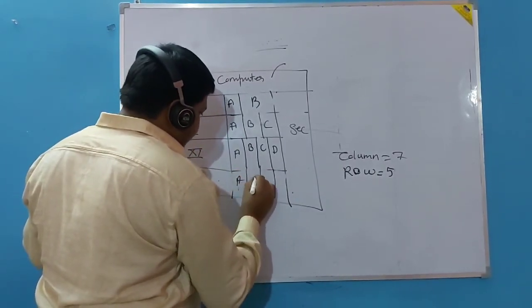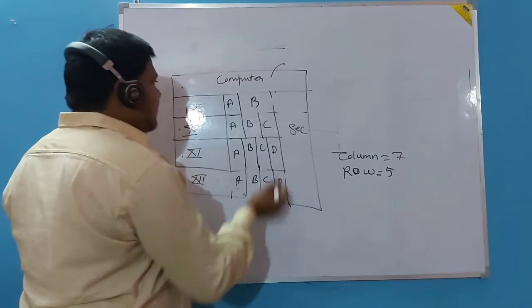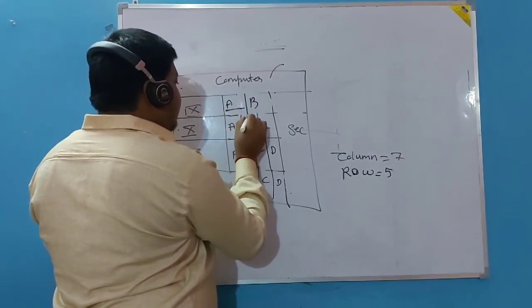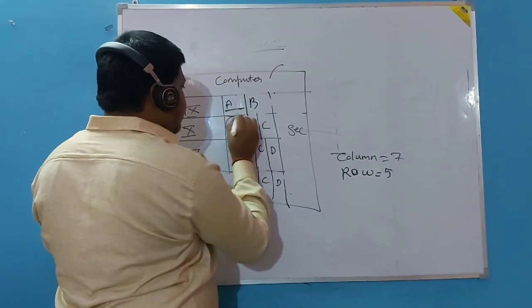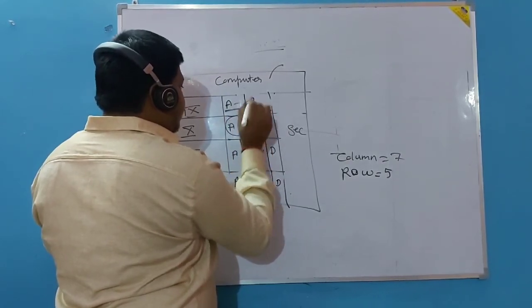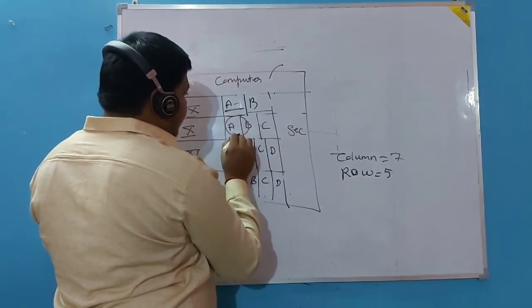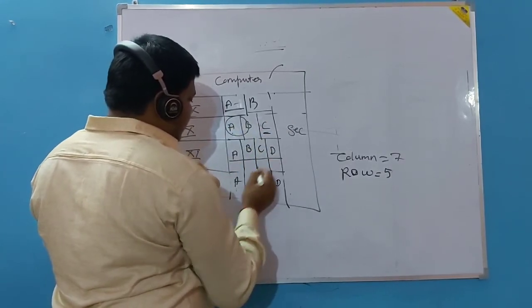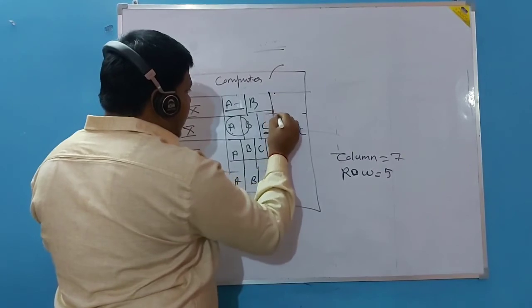A, B, C, D. So that means it is a combination of these two cells. Here also 2 are merged. Here also how many merged? 1, 2, and here 2 are merged. Here 4 columns, here 4 columns, and here how many rows are merged?